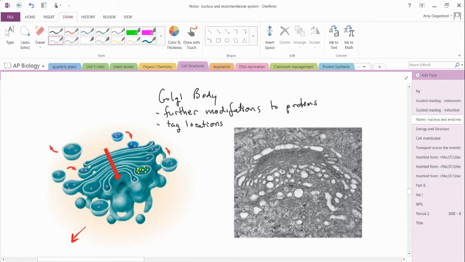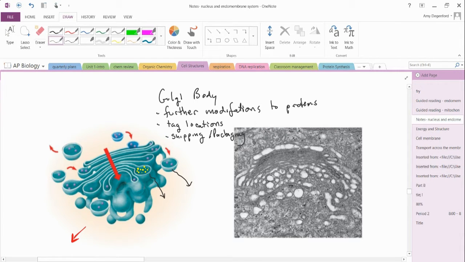And that's going to be really important because now the Golgi body becomes a shipping and packaging center. I know you've probably heard in previous classes us talking about it kind of being a UPS or a FedEx or the post office. And so once it gathers those proteins, they can pinch off and then go to their respective places.